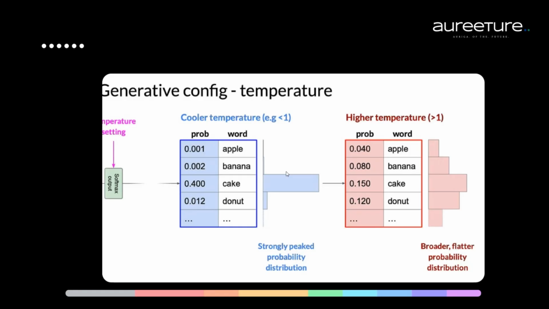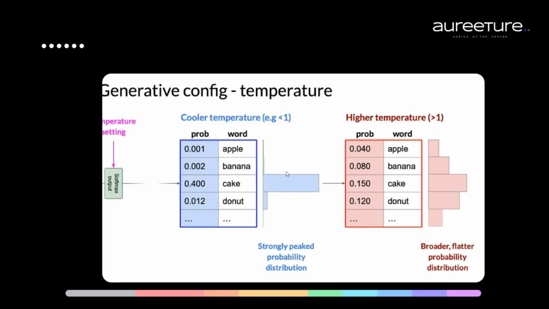Imagine a Gaussian distribution, a bell curve. If you see these graphs, the red graph is a flatter Gaussian, while the blue graph is a sharper Gaussian. Temperature usually ranges in value from 0 to 2. If you keep the temperature at 0, the word with the highest probability, determined using similarity, will always be chosen.